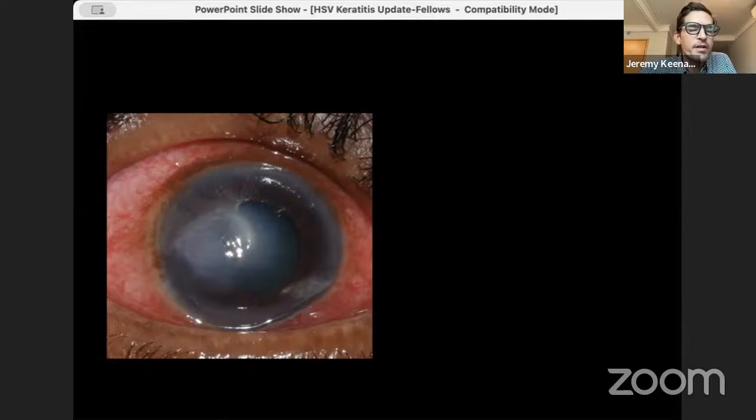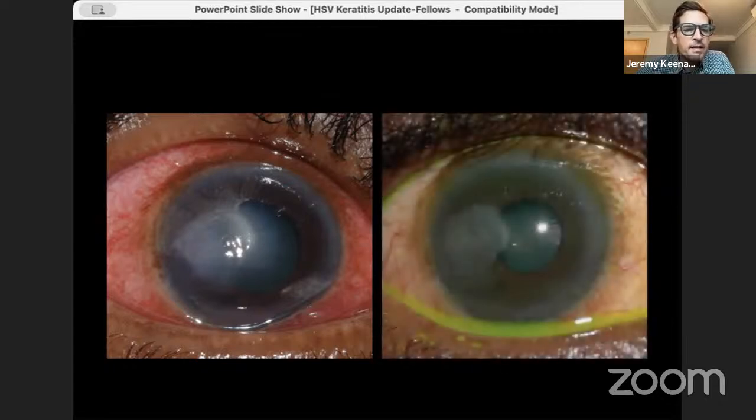We started this patient on Valtrex, 1 gram twice a day, and then a topical steroid, prednisolone 1%, 4 times a day, and brought them back in 4 weeks. The epithelium had healed, the purulence was much less, the density of the scar was much less. The blood vessels had regressed, so looking a lot better.